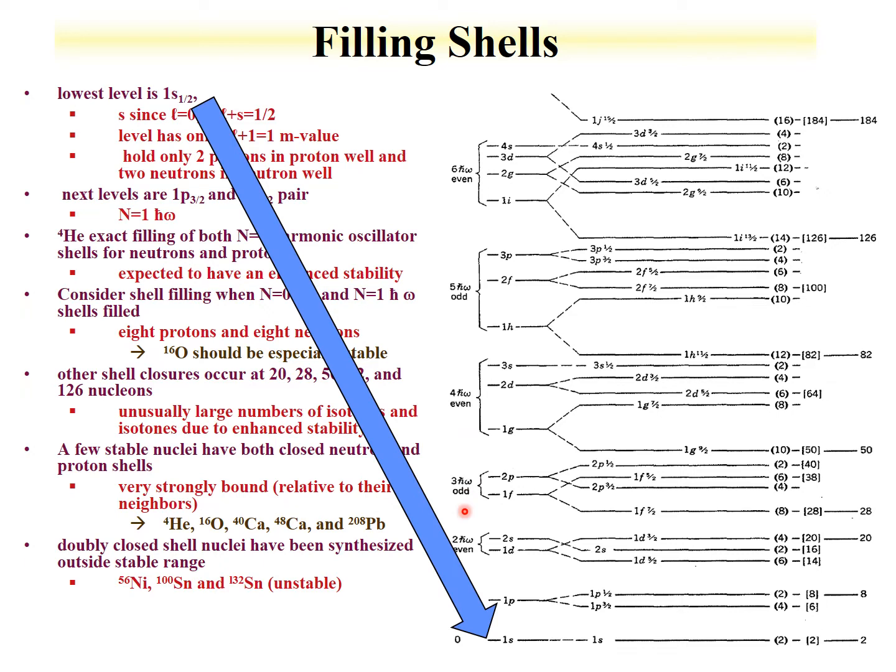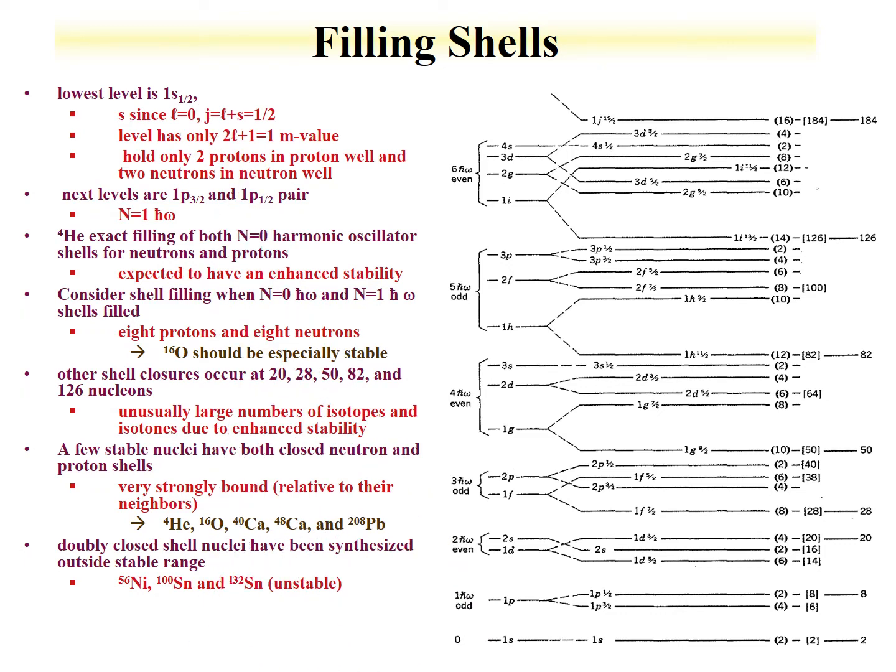So for the shell model, there's a component that is for the neutrons and a component that's for the protons. The next level, we get to the 1p orbital, which splits into the 3/2 and the 1/2, and that's shown here. And we see that for the lower lying 3/2 state, we can put 4 nucleons in.